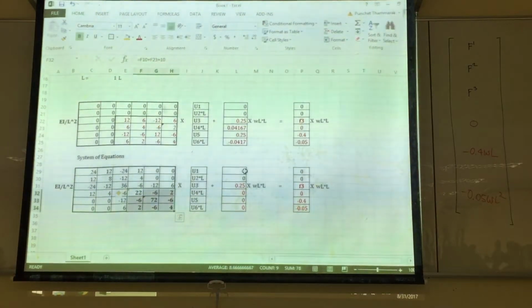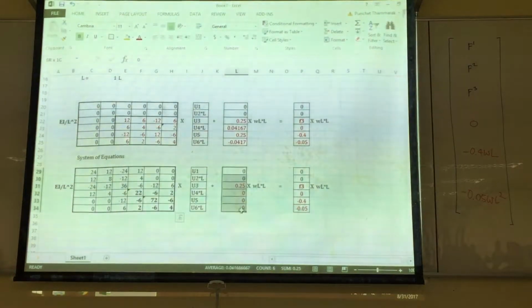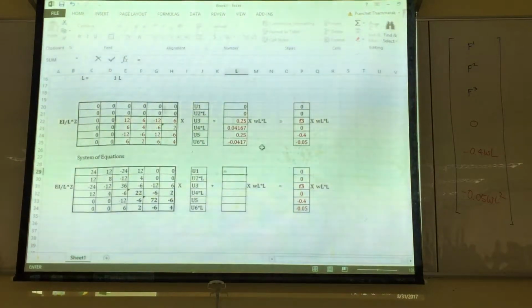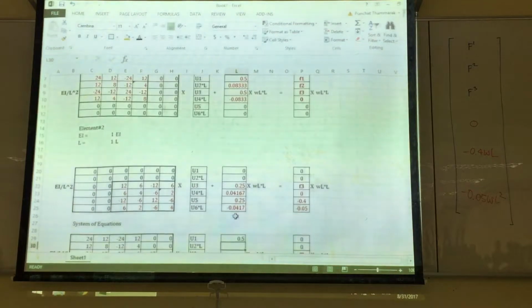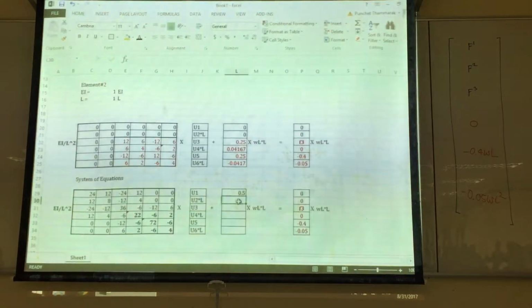Now, let's fix this one first. This one is the combination of this add up with this, and then copy down. Done. Now on this side, F1 still F1, F2, F3.